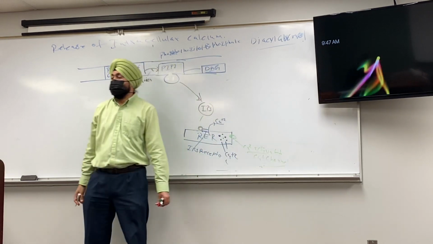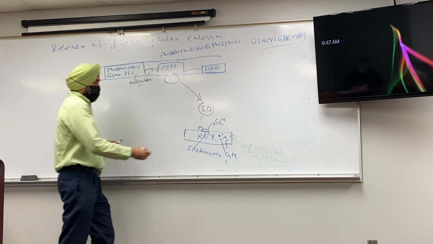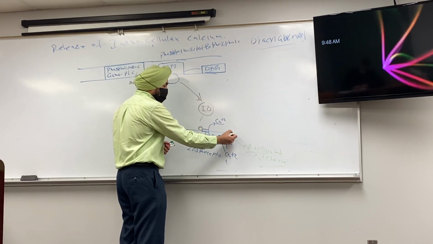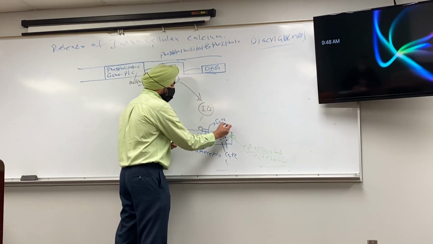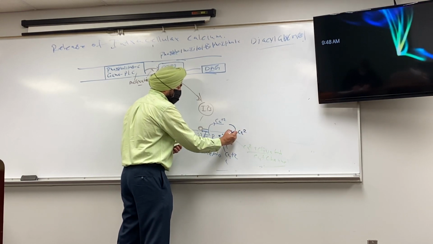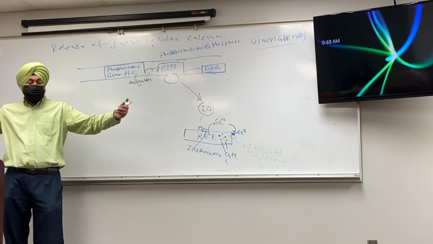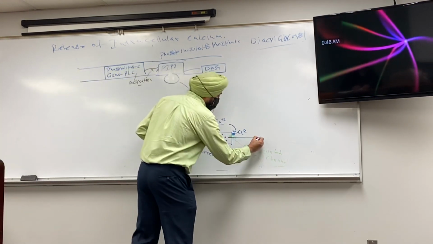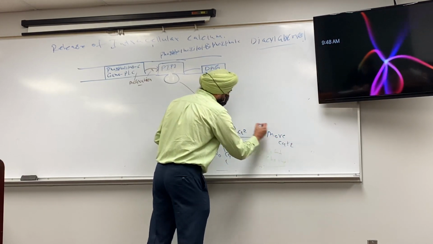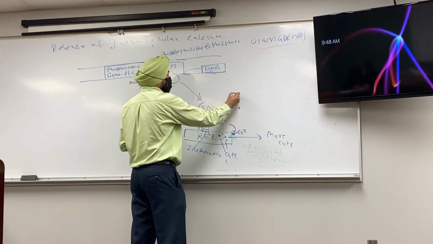This calcium now coming out from here, some of it binds to the calcium activated calcium channels. And that opens these channels throughout, and more calcium is coming out. More calcium. So now this cytosol is kind of loaded with calcium ion.